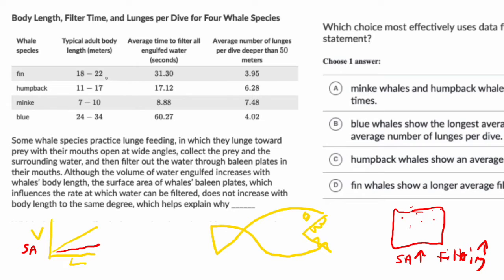So we've got the longest ones here. Average number of lunges per dive. Average time to filter all of the water. What is the pattern here?